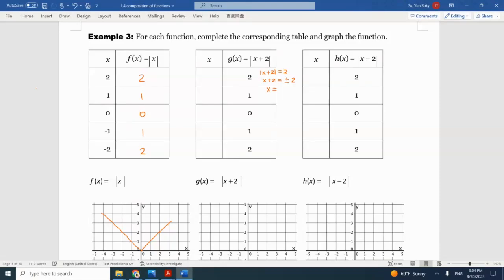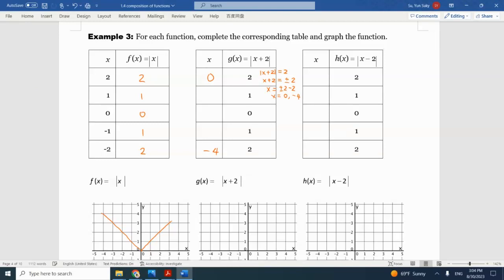You get plus or minus 2 minus 2. If you pick the plus 2, you get 0. If you pick the minus 2, negative 2 minus 2 is negative 4. That's why 0 gives you 2 and negative 4 will also give you 2.